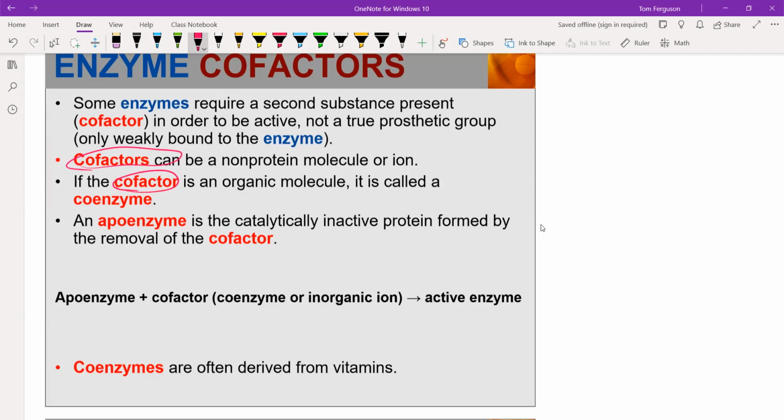Cofactors can be either inorganic, like this, or organic. If it's organic, it's just called a coenzyme. So if an enzyme requires a cofactor, if it's not with its cofactor, it's called an apoenzyme.